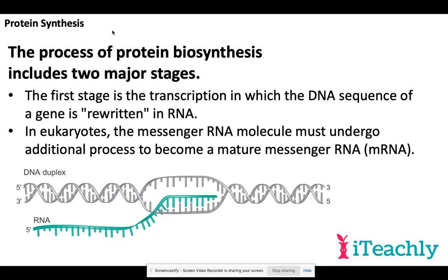So when we're looking at protein biosynthesis or protein synthesis, we're looking at two stages. We're looking at the writing or rewriting of the RNA, and then we're looking at decoding the mRNA strand into a protein.